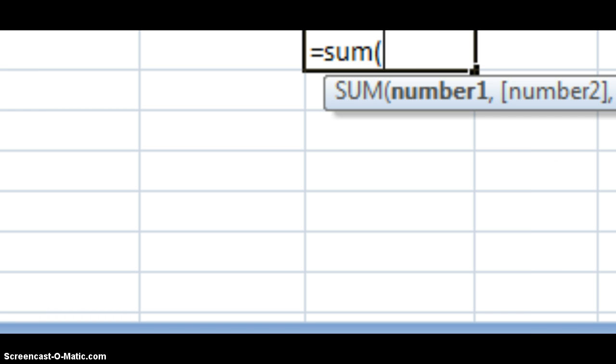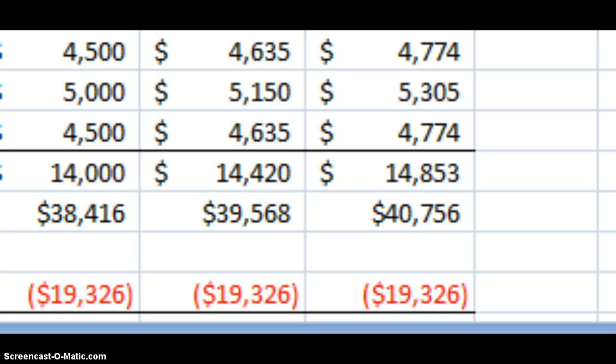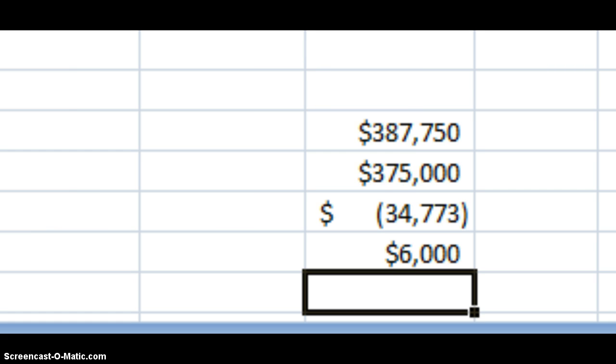I'm gonna do these guys. Plus improvements. Adjusted basis.